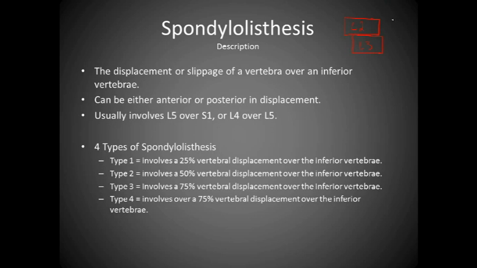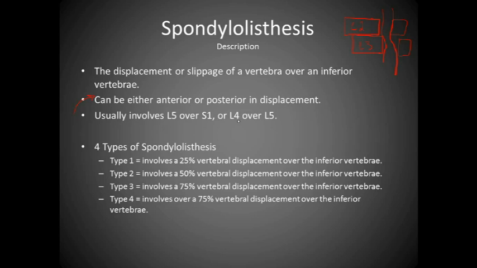So basically, you have the spinal cord having to kind of bend, and because of this, it can increase pressure on the spinal cord and cause severe pain, severe motor function deficits, and sometimes it can even cause paralysis if the slippage is great enough. And so, one thing that we have to memorize about this is that it can be either anterior or posterior in displacement. It does not have to be one or the other.